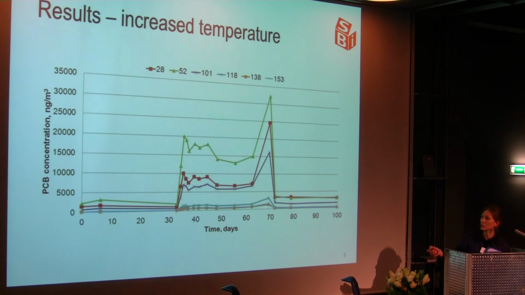Then the temperature was changed to 40, and then it was set back to 23 degrees. As you can see, the change in temperature was followed by a huge and immediate increase in PCB concentration, which then had a tendency to stabilize and even decay a little bit.